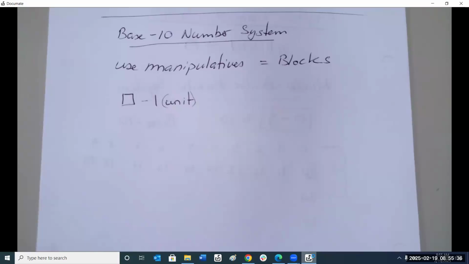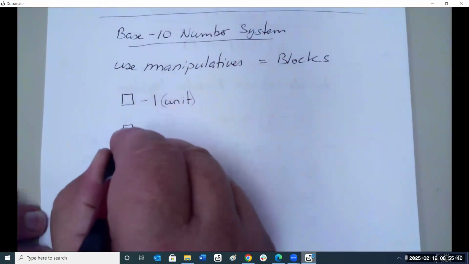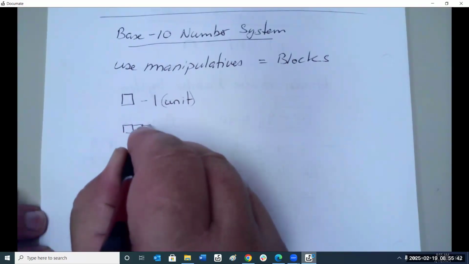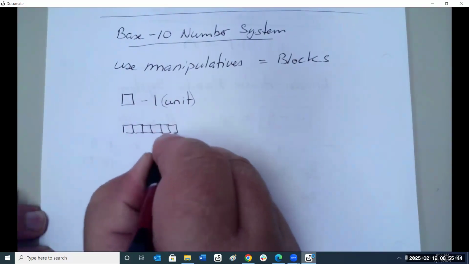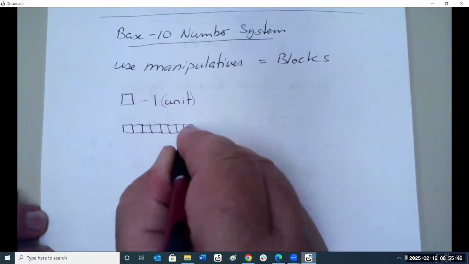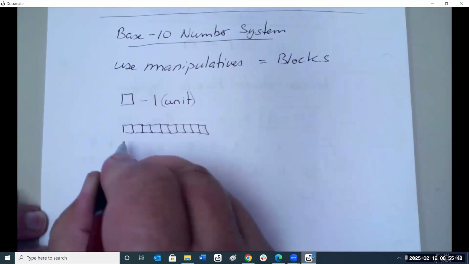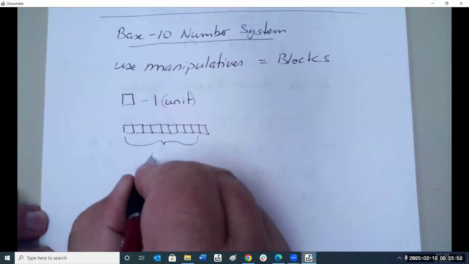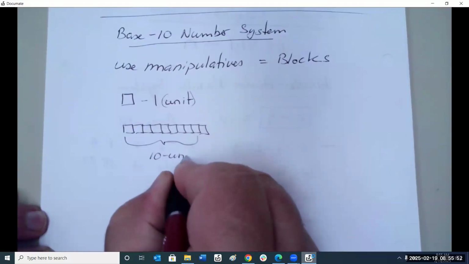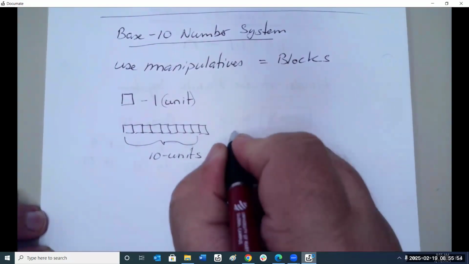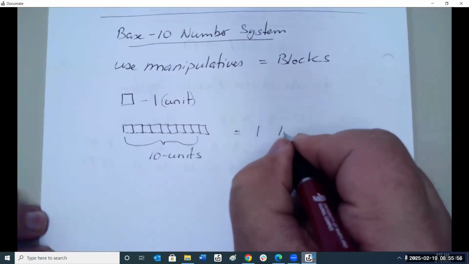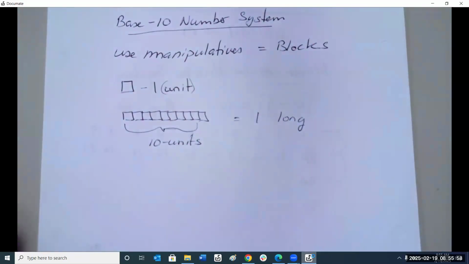It's base 10. So once we have 10 of these, 1, 2, 3, 4, 5, 6, 7, 8, 9, 10. This equals 1 long.